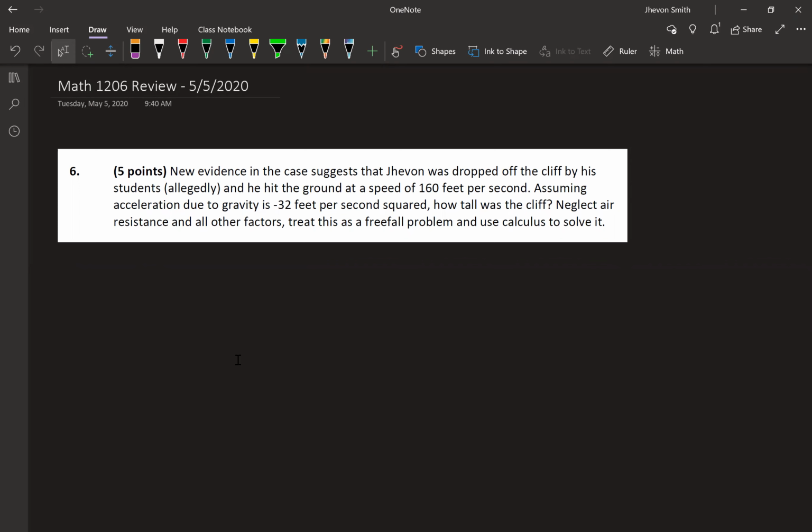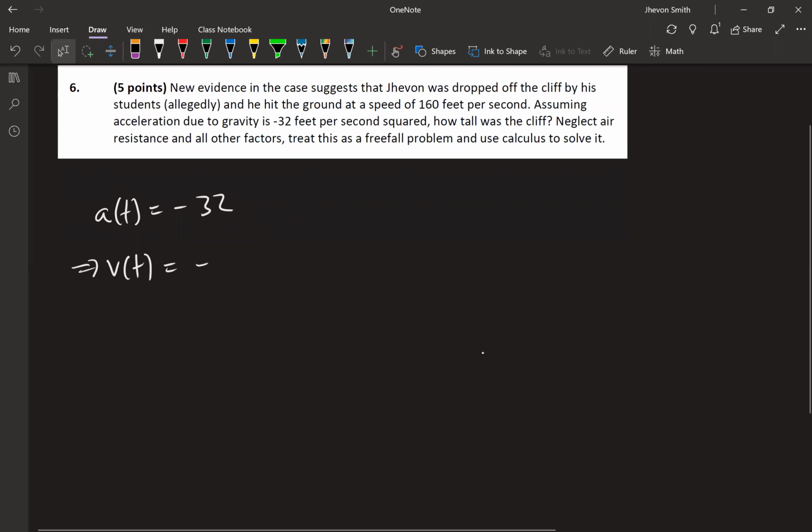So you want to tell me how you started? What did you try? I tried from a equals -32 and integrate. So a of t equals -32. This means that your v of t would be equal to? -32t plus c. Yes.